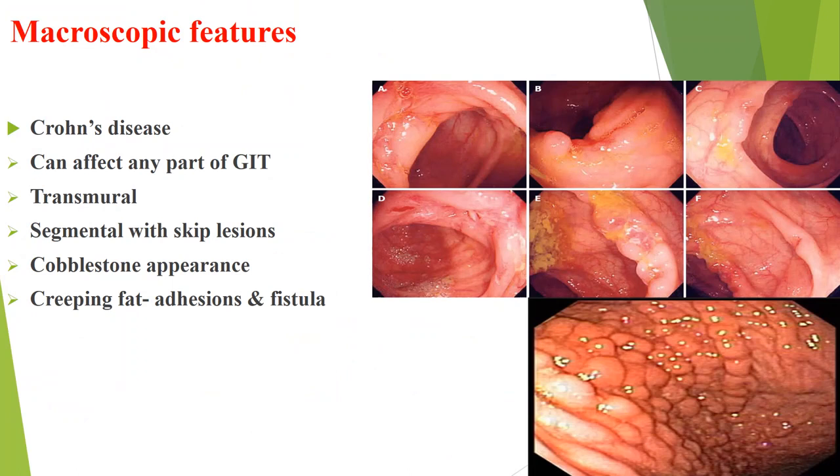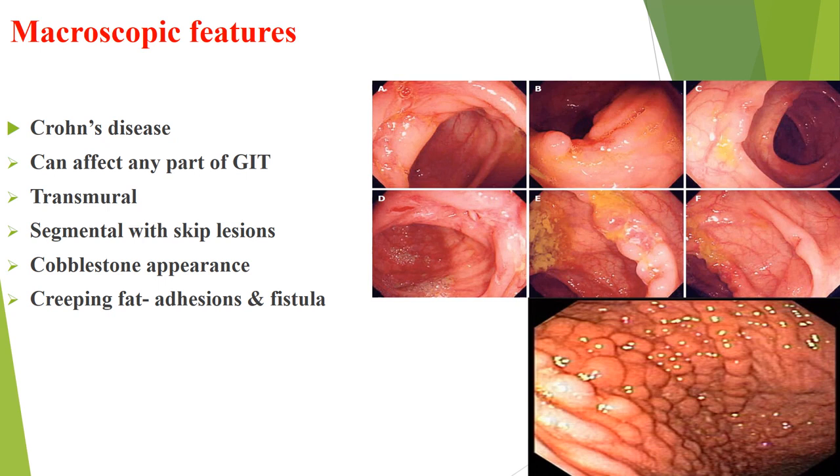What are the macroscopic features of Crohn's disease? As we said, it can affect any part of the gastrointestinal tract, from the mouth to the anus. It can be transmural, with segmental or skip lesions, so that when we look, for example during colonoscopy, we find an affected area, healthy area, affected area.